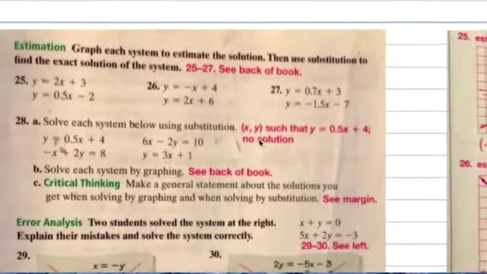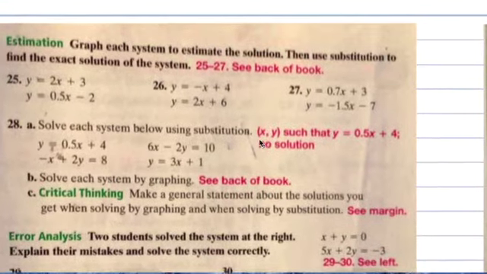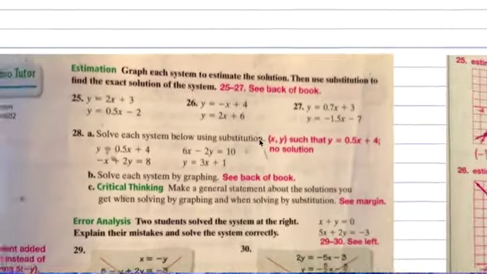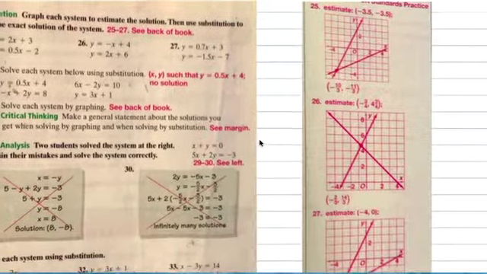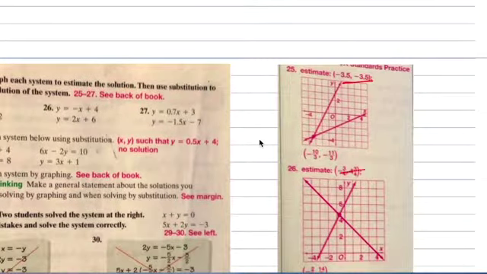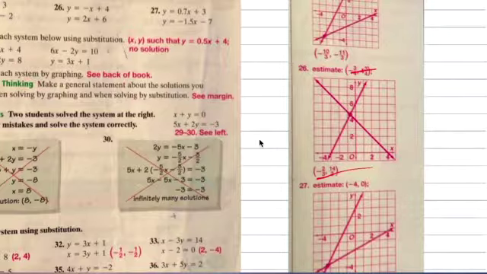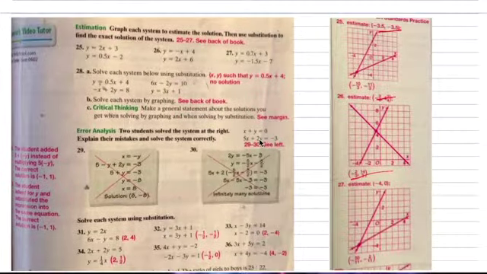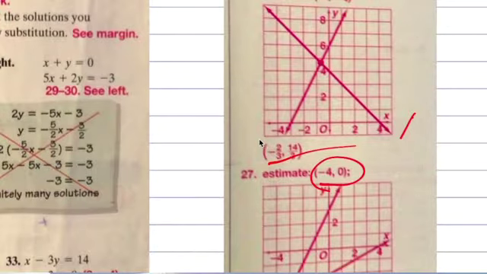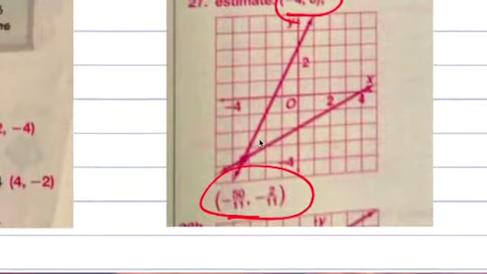25, graph each system to estimate the solution, then use substitution to find the exact solution of the problem. Okay, here's graphing it, and then they estimate. Okay, so that's the graph, and then you estimate where it would be. This is the estimate, and this is the exact answer.